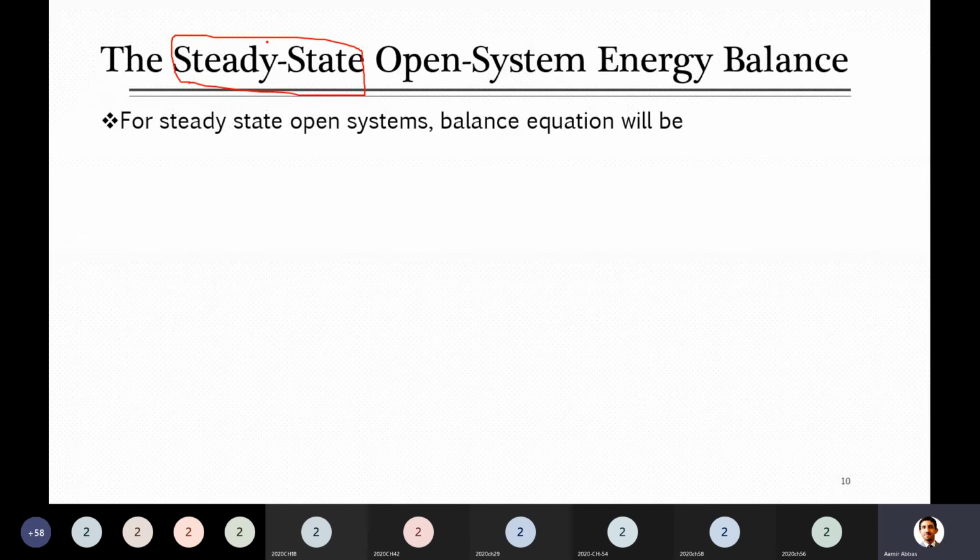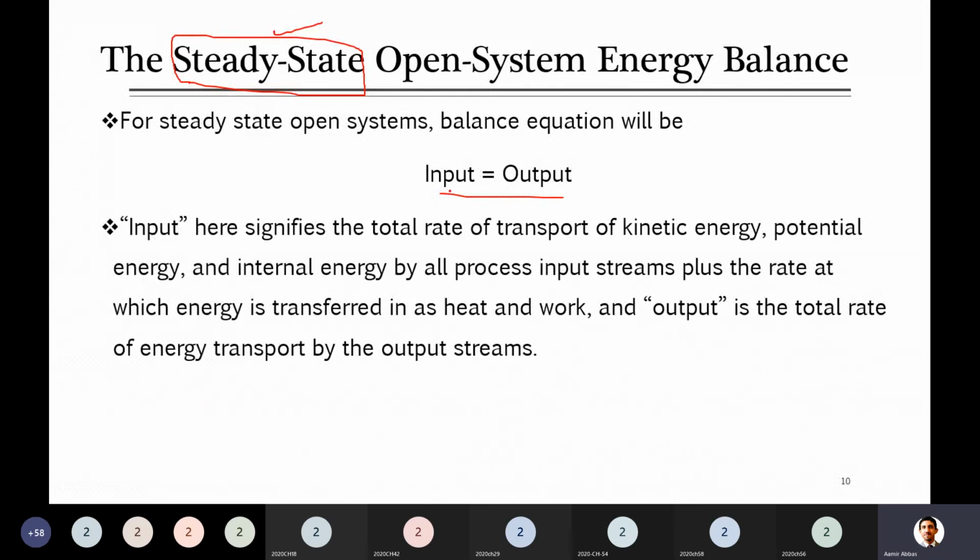So your equation was simply accumulation is equal to input minus output. And now when we are saying steady state, simply input energy is equal to output energy will be your equation. That's the simplest system here, so input will be equal to output.